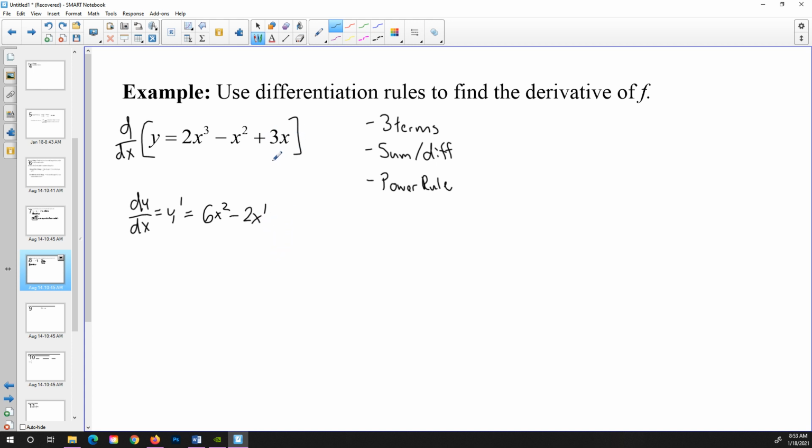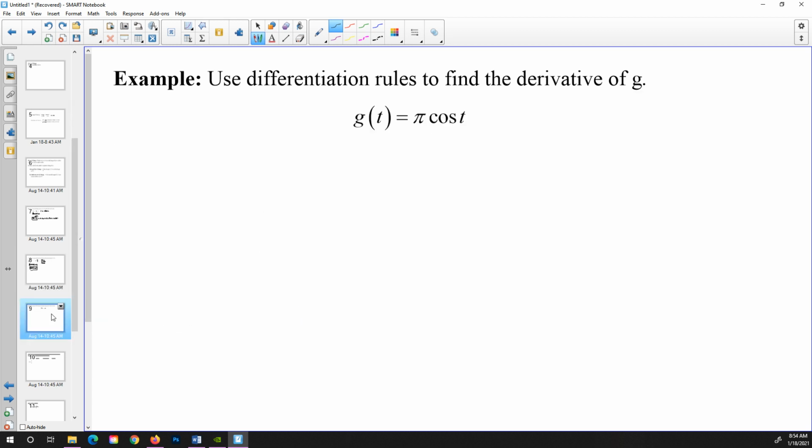Then the derivative of 3x from the last example was just 3. And so this is not my final answer, because clearly I wouldn't leave a 1 there for my final answer. So we'll rewrite one more time. So we have 6x squared minus 2x plus 3. That is my first derivative, dy over dx. And we'll put a box around that. And we'll move on to the next one.